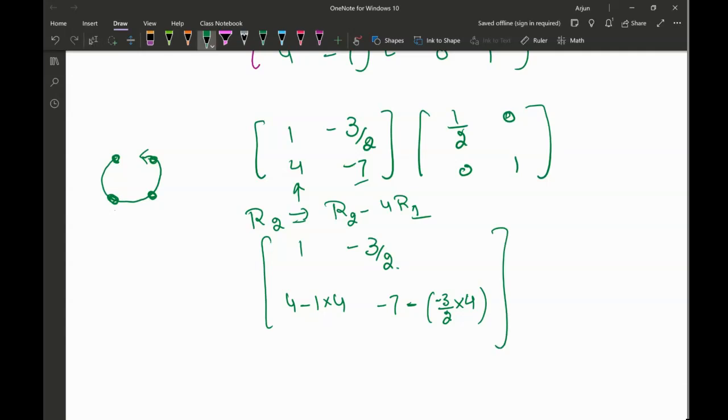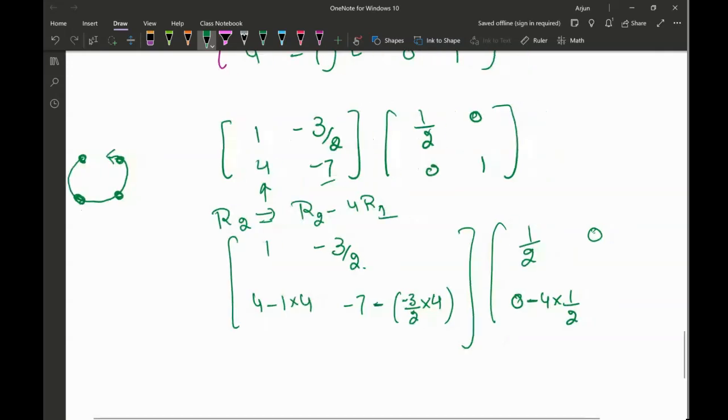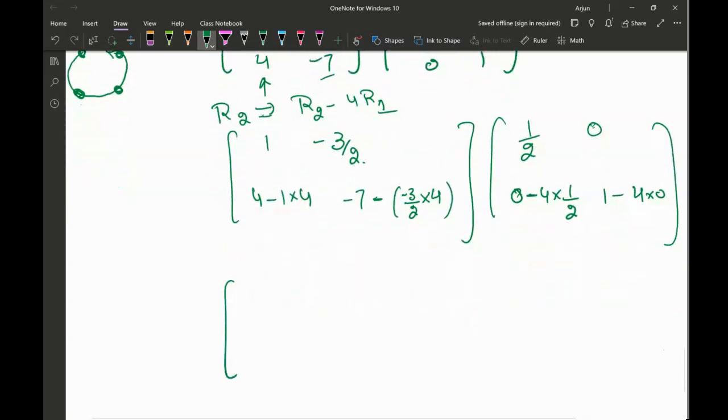The same thing I have to apply on the second matrix also. This is 1 half, and this is 0, 0 minus 4 times 1 half, and this is 1 minus 4 times 0. Now let's see what we get from here.